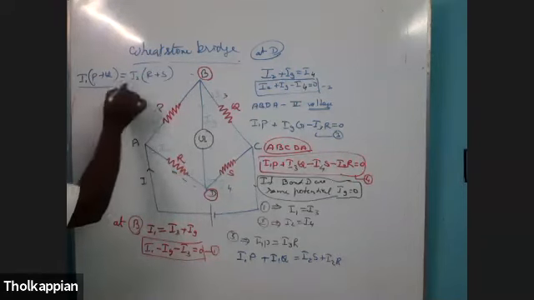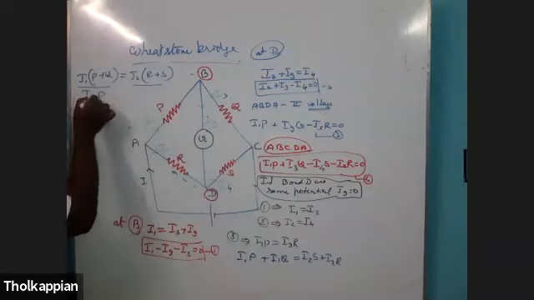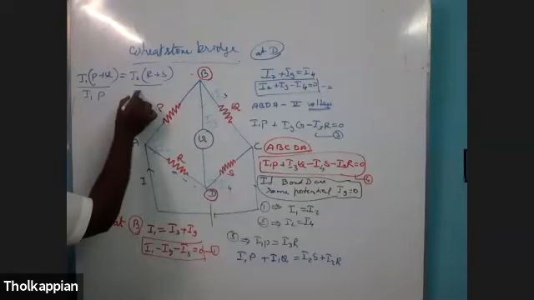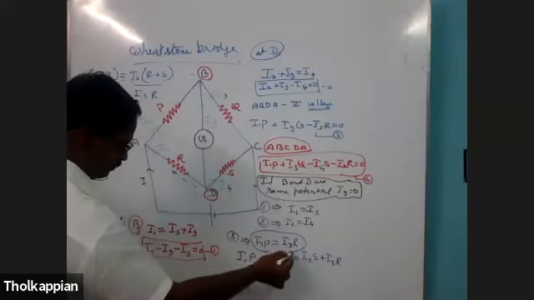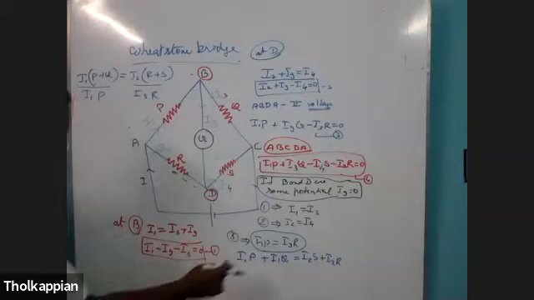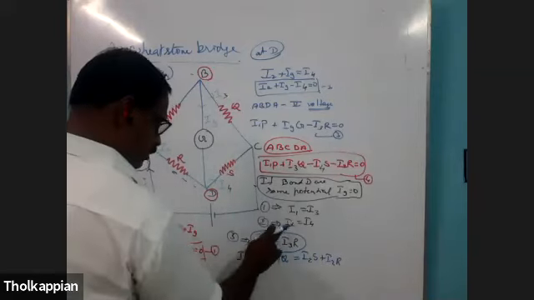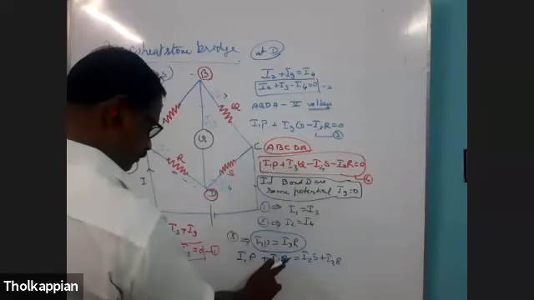Divide this equation by this equation, that is equation 3: I1P is equal to I3R.